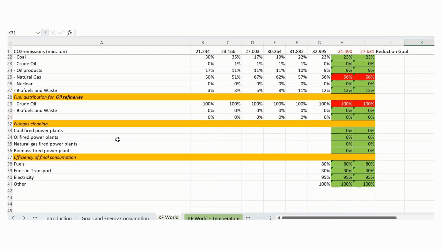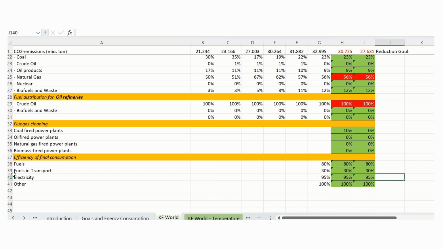When you've done that, you fill in how much flue gas cleaning there will be on each of these different technologies. So if you, for instance, assume here that 10% of all the coal-fired units will be equipped with CO2 cleaning units, and you put a 10% value here, and of course then you can see here the CO2 will be reduced.